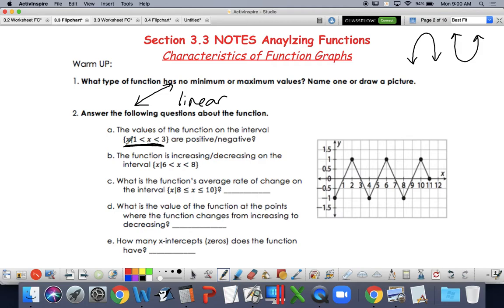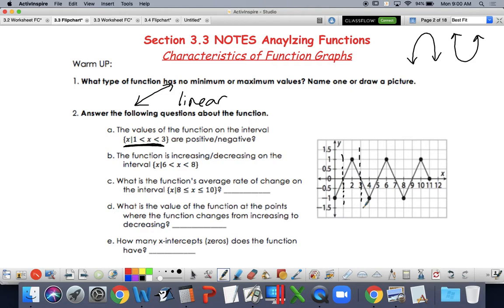All right, so letter A says the values of the function on the interval from x between 1 and 3. So I look over here at my function and I say, okay, between x is 1 and x is 3. Is my function positive or negative?